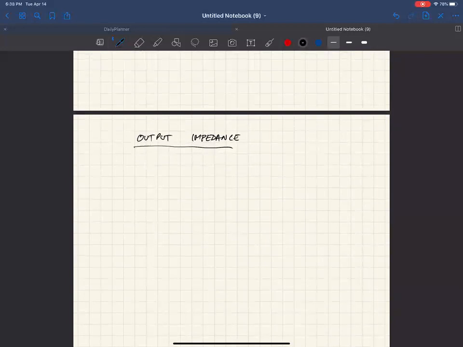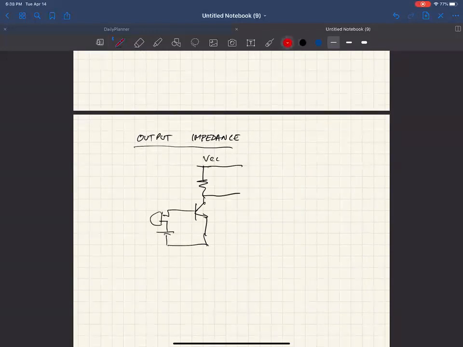So let's say, again, we're using our common emitter amplifier, and it's being driven by a microphone. And let's say we want this to drive a speaker. Let's say we draw a speaker across VCC, drive it like that.